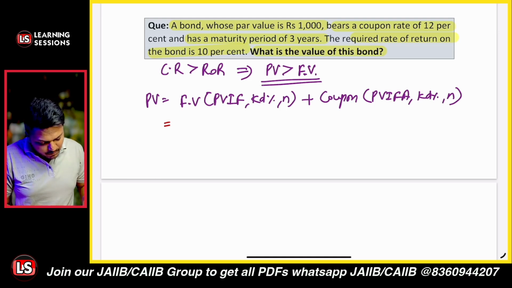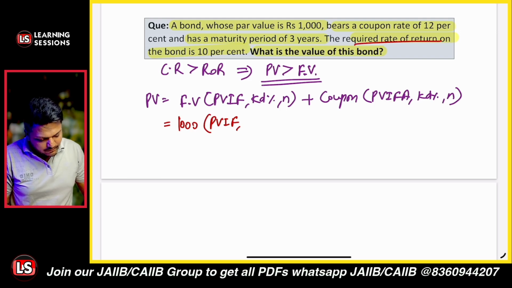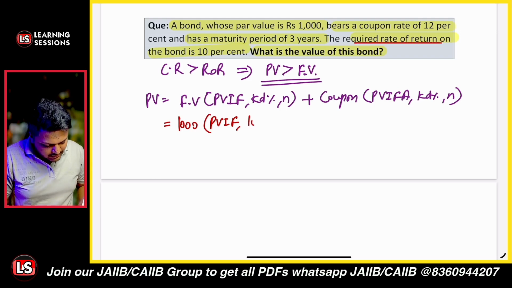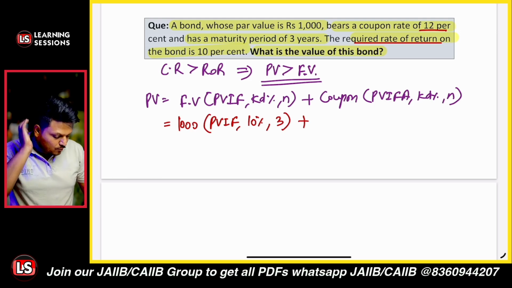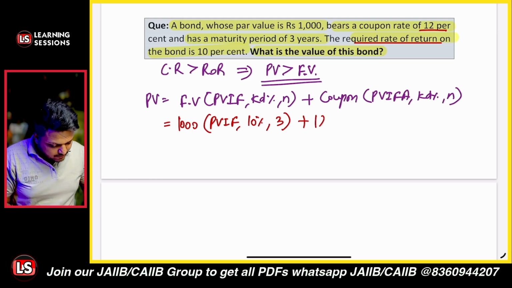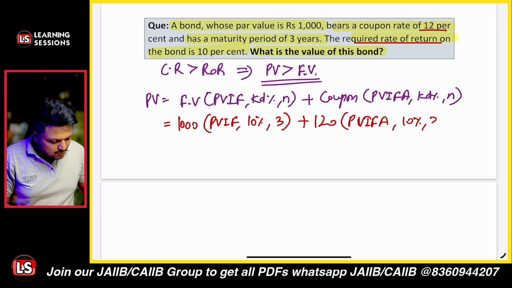Now the face value is rupees 1000, so I'm substituting the values. PVIF, with the required rate of return given as 10%, and the maturity of the bond is 3 years. The coupon is calculated from the coupon rate, so 120, and PVIFA, again the KD percentage is 10%, N is equal to 3.